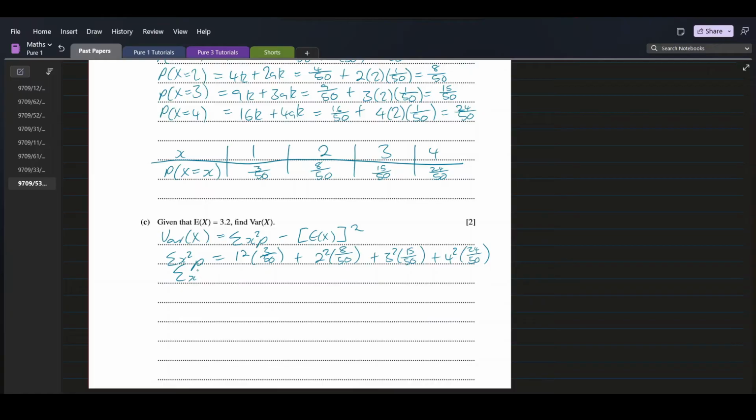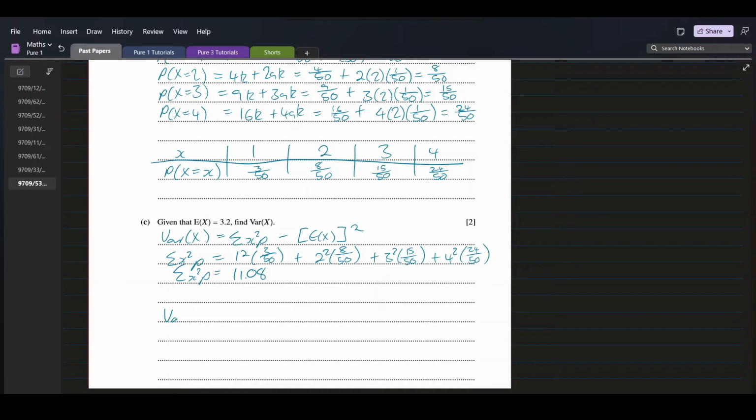And let's punch this into the calculator. So that's 1 squared times 3 over 50 plus 2 squared times 8 over 50 plus 3 squared times 15 over 50 plus 4 squared times 24 over 50, and that gives us 11.08.